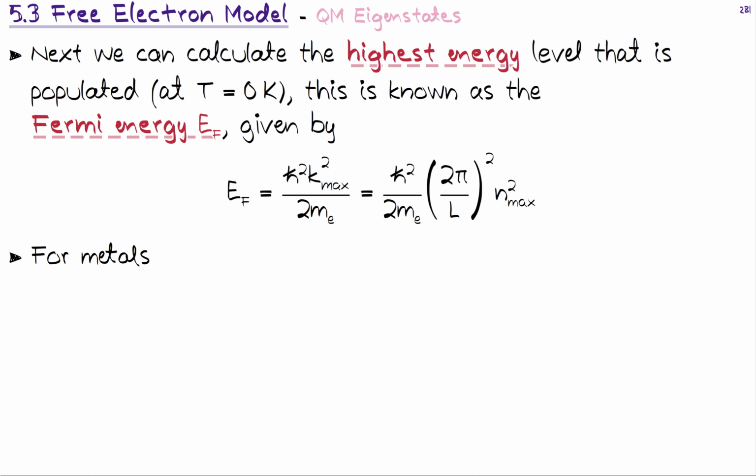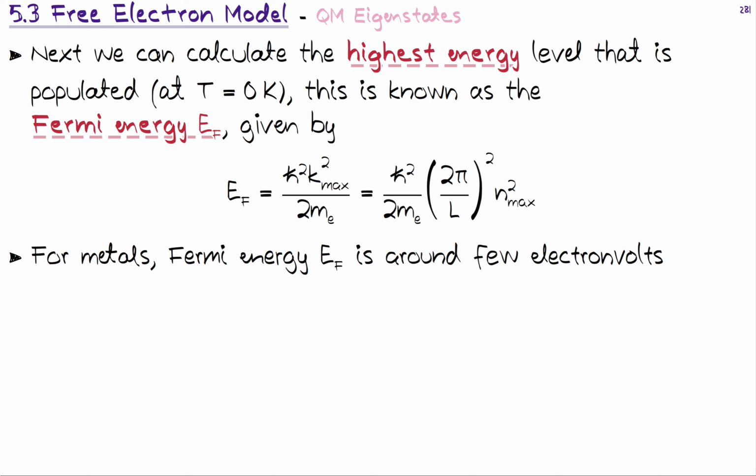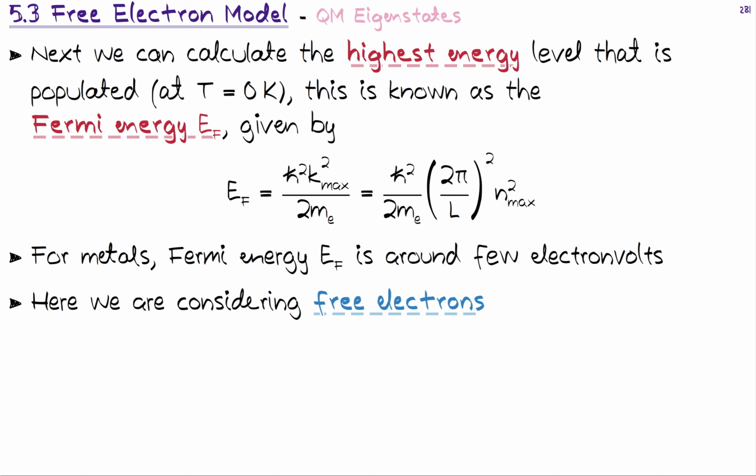In practice, we know for metals that the Fermi energy, EF, is around a few electron volts. So this is a good rule of thumb to remember, that this is how much energy is associated with the electron at the Fermi energy. And now remember, we are dealing with free electrons. So in all of 5.3, we are focusing on the case that the potential is 0.